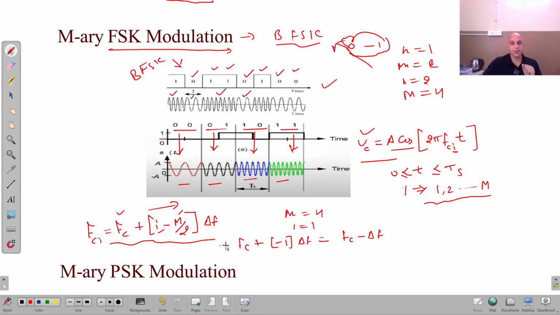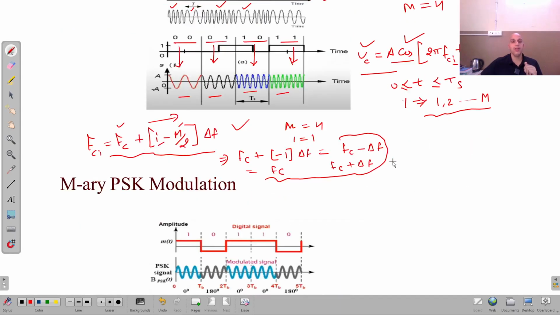Similarly, if you take i equal to 2, then 2 minus 2 is 0, so it is equal to fc. If you take i equal to 3, then 3 minus 2 is 1, so it will become fc plus delta f. This is the way of finding the different frequencies using this relation. So this is M-ary FSK, frequency shift keying modulation.